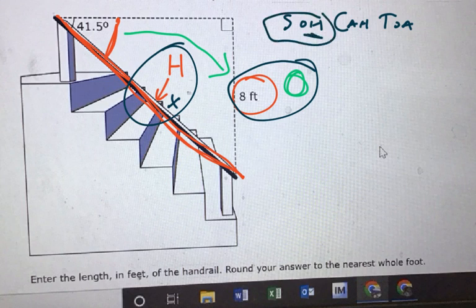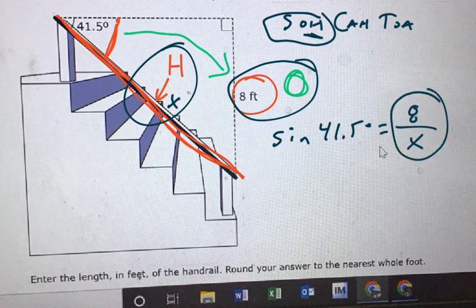Well, that's S. S is OH. S is sine. So I know that the sine of 41.5 degrees has to be the opposite over the hypotenuse. Now notice how my fraction is upside down. So what we're going to do is put a 1 underneath.